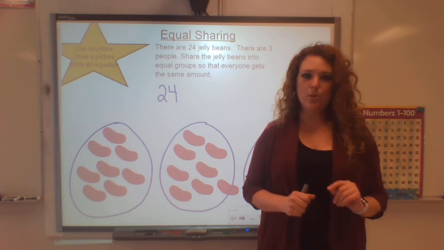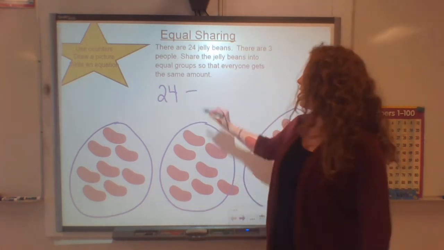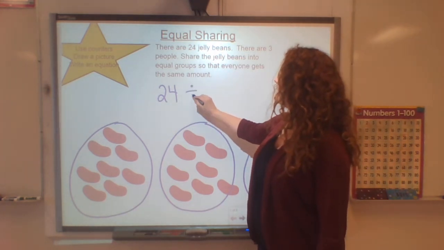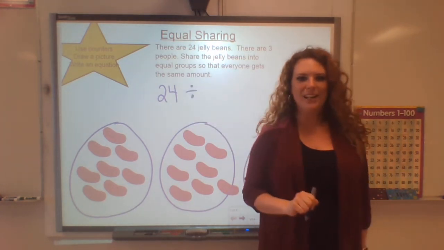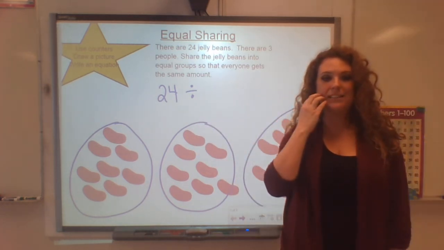Now, this is a really cool little symbol. It's like the subtraction symbol. You can make your line, and then you're going to put a dot on the top and a dot on the bottom. Pretty cool, hey? That is my division symbol. That's a symbol to represent division.